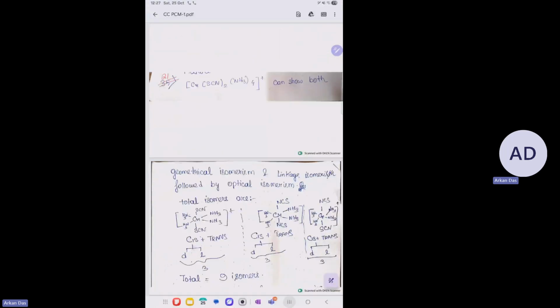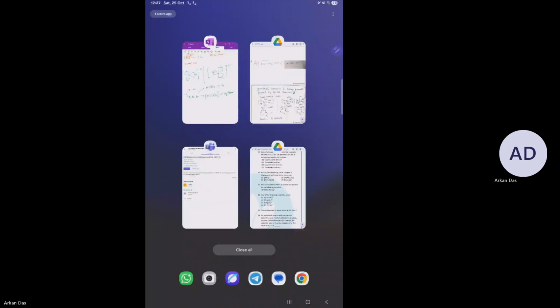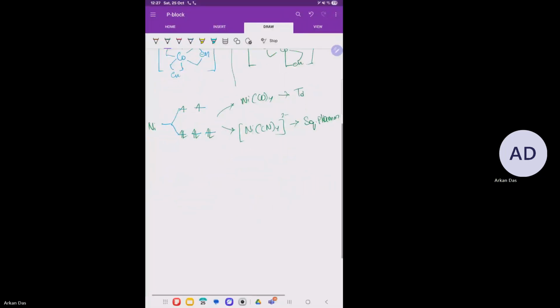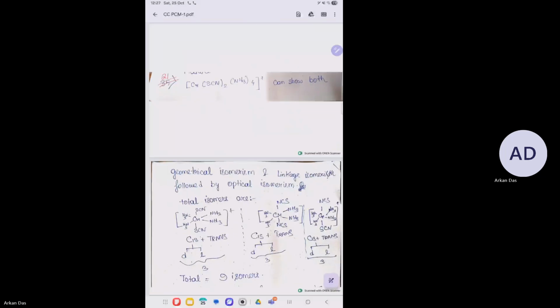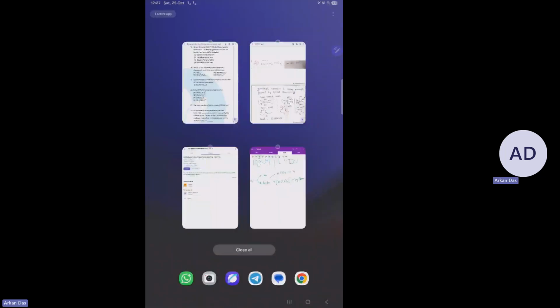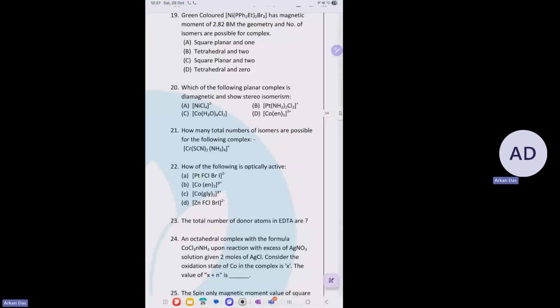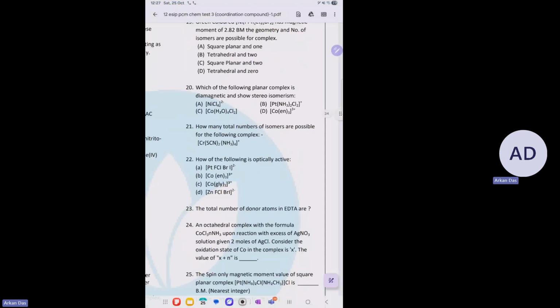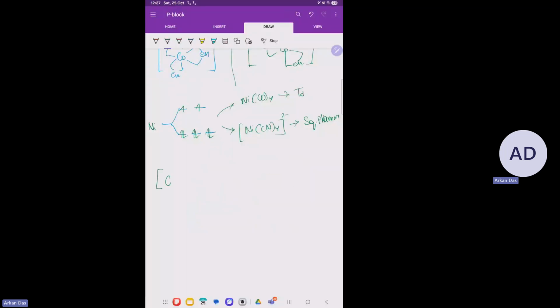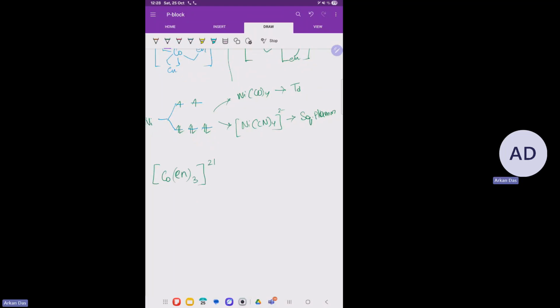So let me show you how it will work. This is the question: which of the following planar complexes is diamagnetic and shows isomerism? We will check the correct option if we go for Co(en)3 3+.